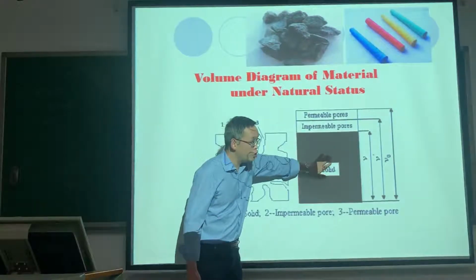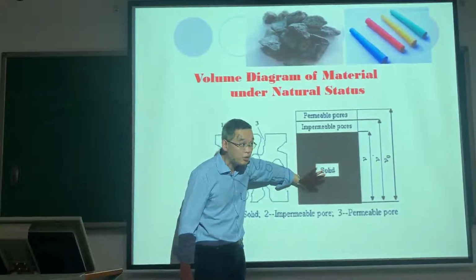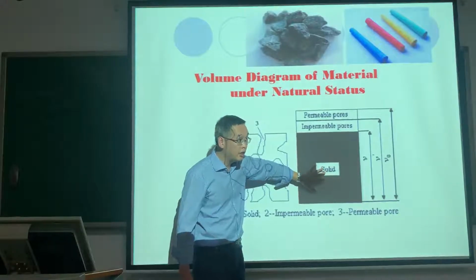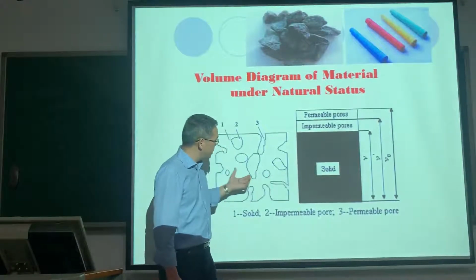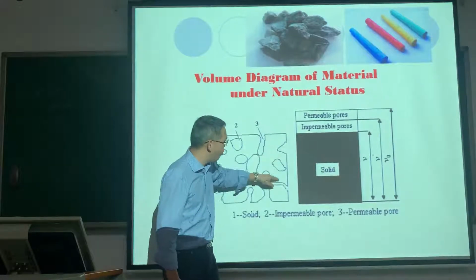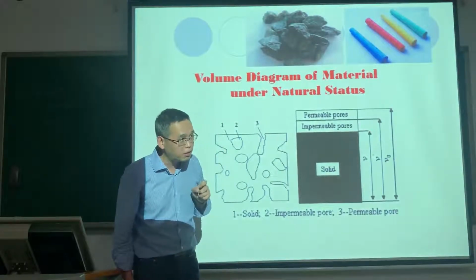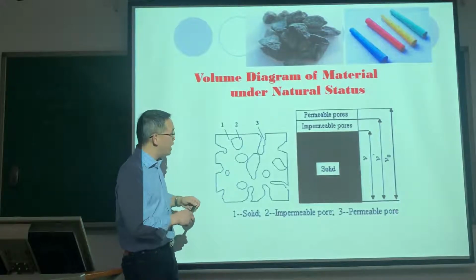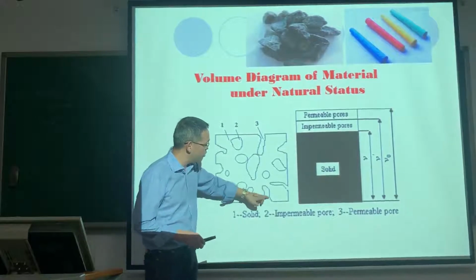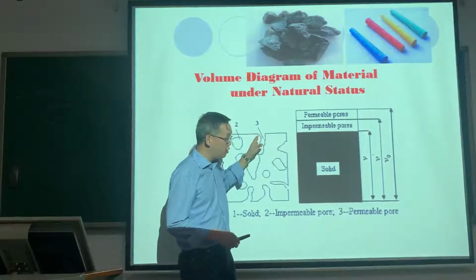The first one is the solid, which is in the absolute dense state. However, besides the solid, there are many pores, and these pores can be divided into two kinds.